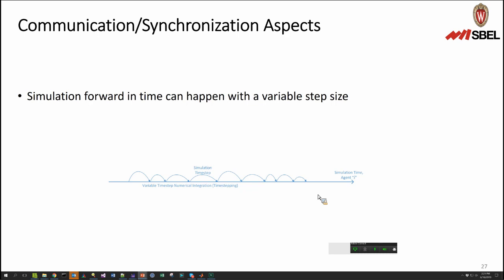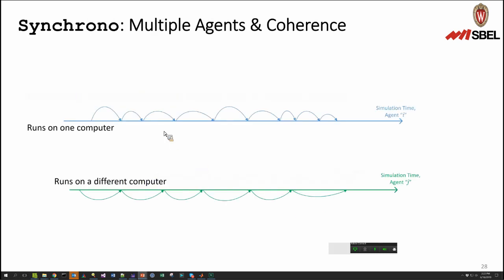And what you are concerned about is maintaining a time coherent environment for the simulation of all these agents, no matter what hardware they run on, or how sophisticated, how complex the agents' physics is. So you have one physics that moves on one timeline, and then you have another one, and as you can see here, perhaps in green, you have a second agent that moves at different time steps.